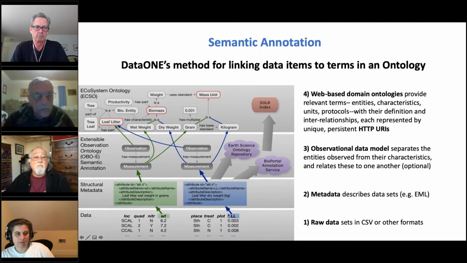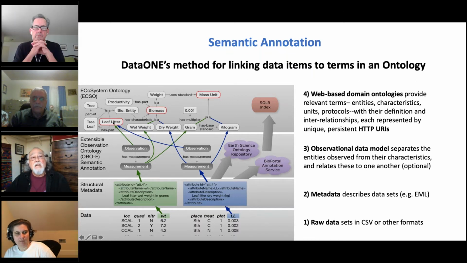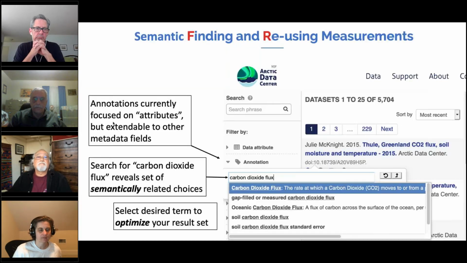And you would be linking columns in your raw data down here at the bottom to topics in your domain ontology. In this case, this is an example from vegetation ecology, but instead of leaf litter, we would be talking about soil bulk density measurements.